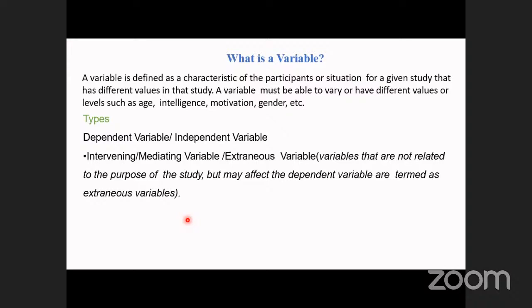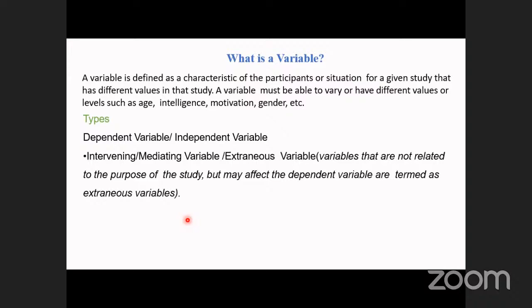So price is our independent variable. Sales is our dependent variable, because how much you sell will depend on the price, right? And how much profit you make may depend on the price you are charging. So you have to evaluate that.